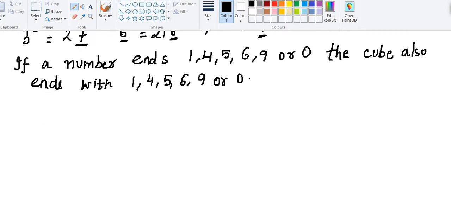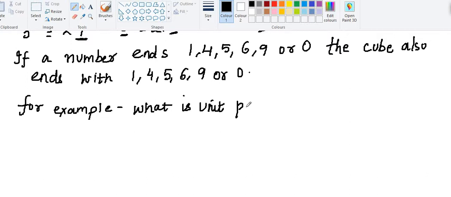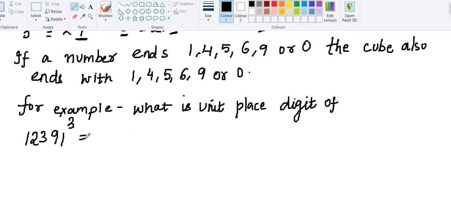For example, if I ask you what is the unit place digit of 12391 cube, you need not calculate. You just know that the number ends with 1, so the cube will also end with 1.